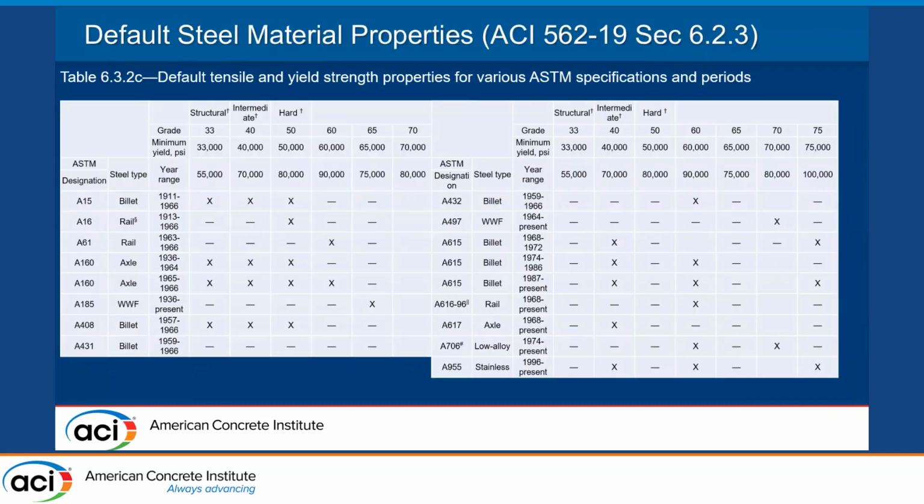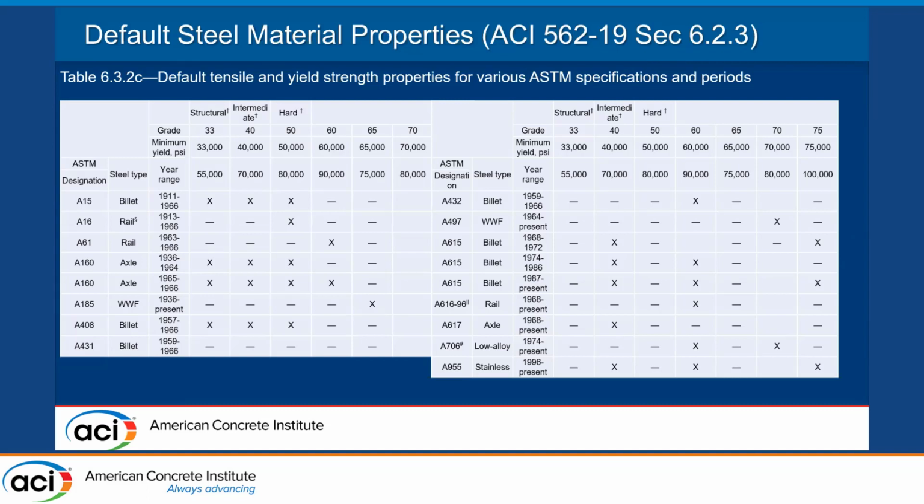Then looking in 562, again, you can find various tensile and yield properties of various ASTM over the years. So these, in effect, are going to give you some minimum yield strength that you can actually use in analysis. So looking again at the top layer, left-hand side, ASTM A15, if you have structures from 1911, 1966, a minimum yield strength for structural is about 33,000 PSI.